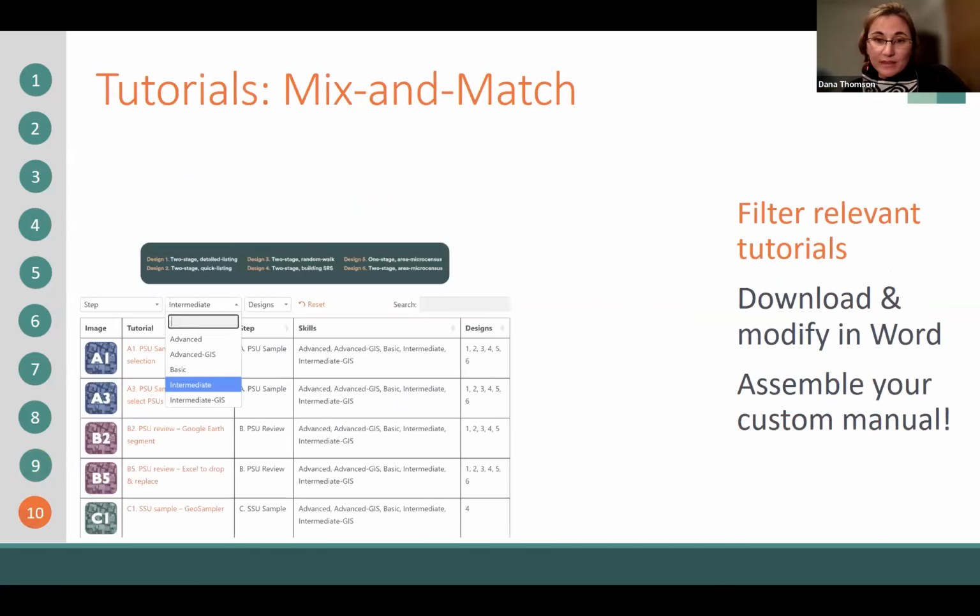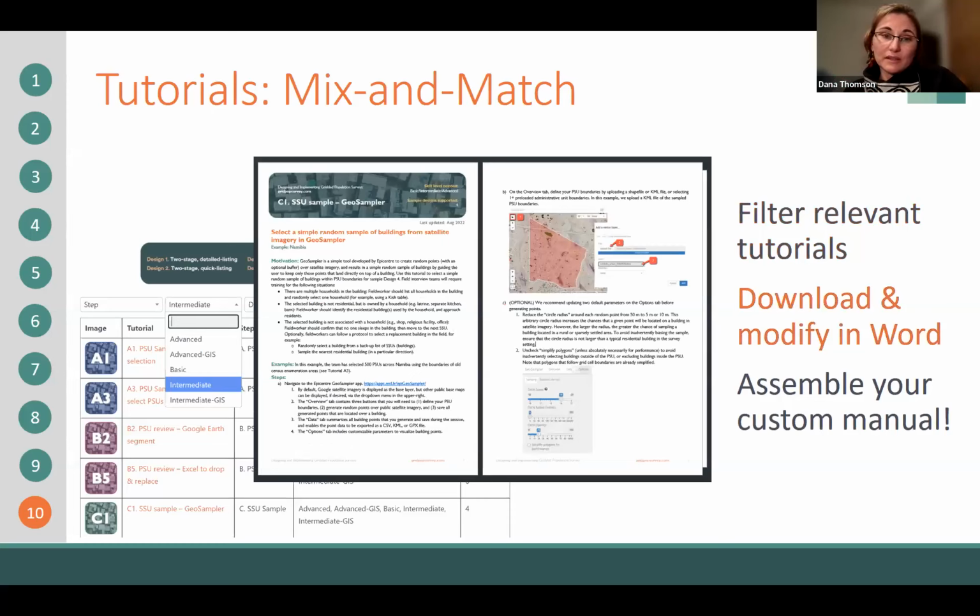And then the last thing I'll mention is where you can find tutorials on our website. Our website has a link to an overall manual, and then there's a separate section where you can filter and download a series of tutorials that are relevant for the tools that you're going to be using in your sample in the field. So the manual will help you figure out which tools you want to use, and then you can download tutorials that look like this.